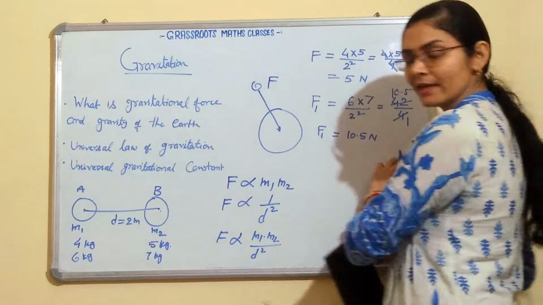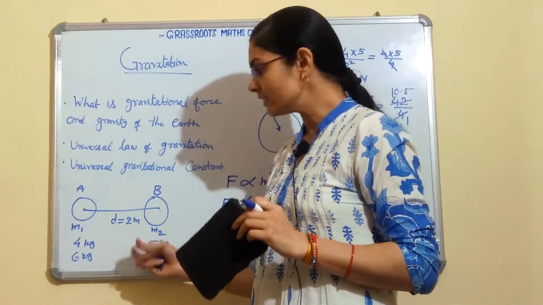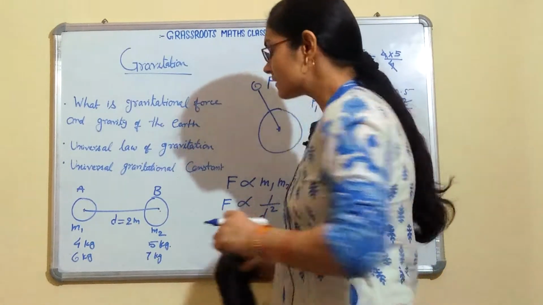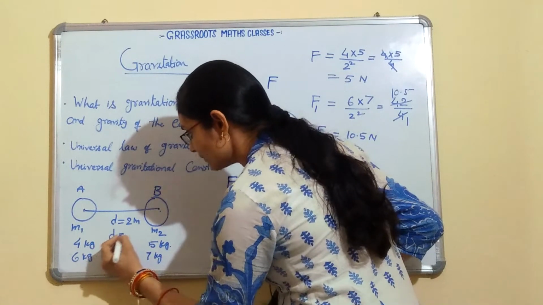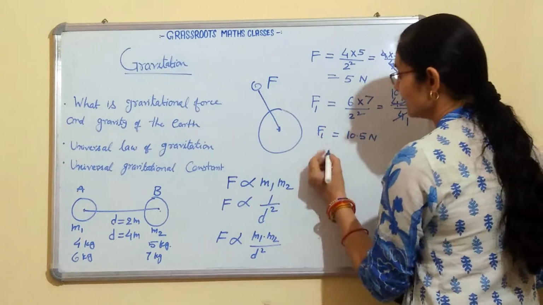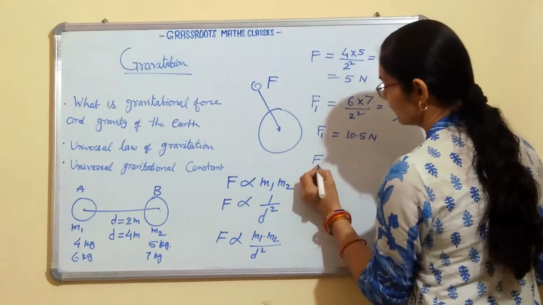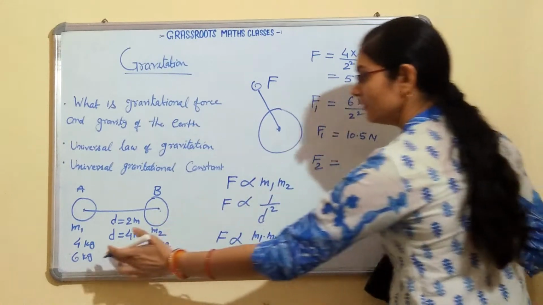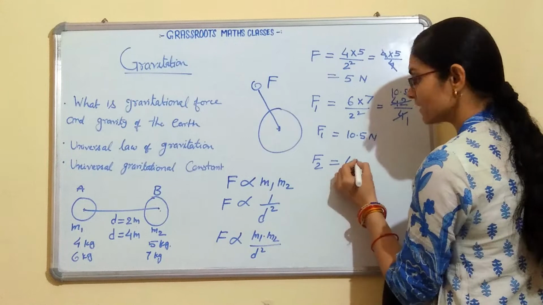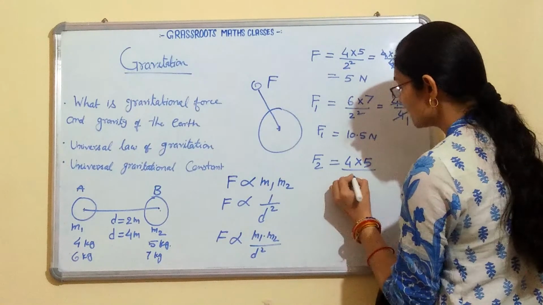Now for the second case, the masses of these two objects remain the same, and we increase the distance. That means we choose d is equal to 4 meters. For this case, because masses remain same, we choose m1 is equal to 4, m2 is equal to 5 and the distance between them is 4.